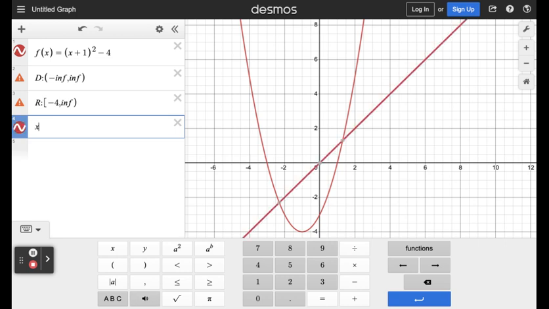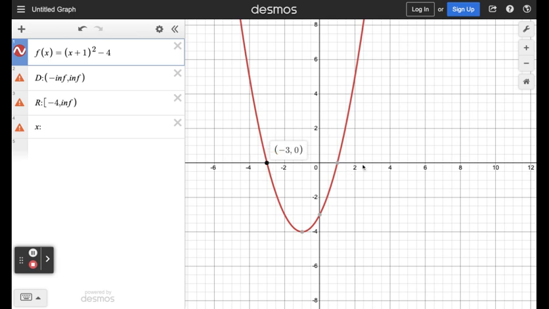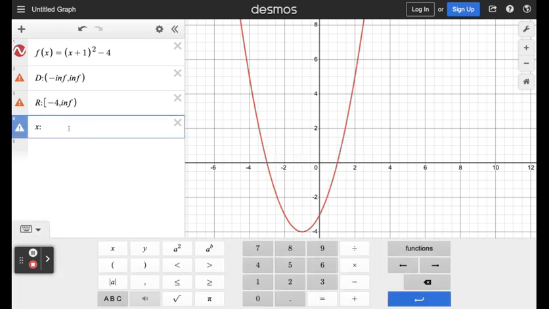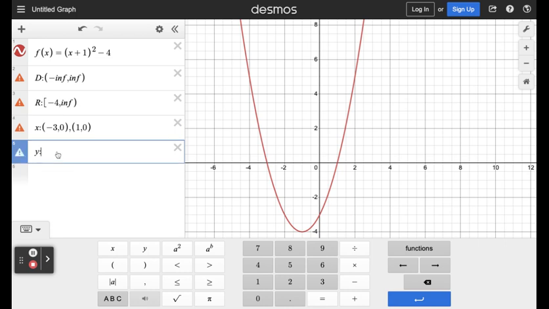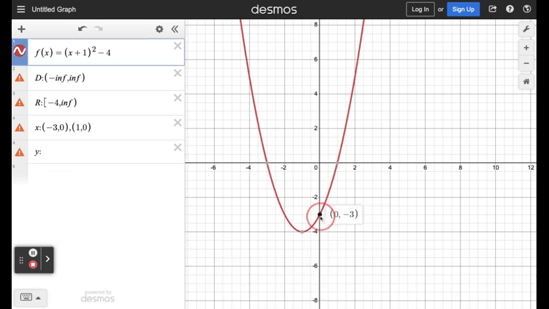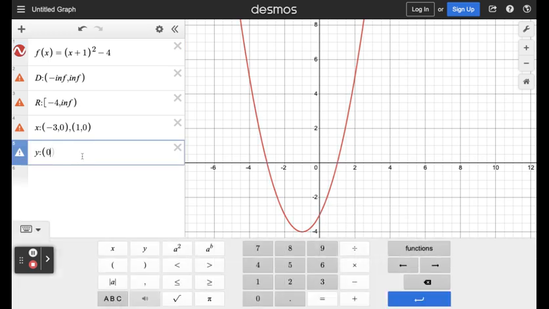We also need to talk about the x-intercepts, and you have 2 of them here. So you have one at negative 3, 0, and 1, 0. And then our y-intercept is at 0, negative 3.